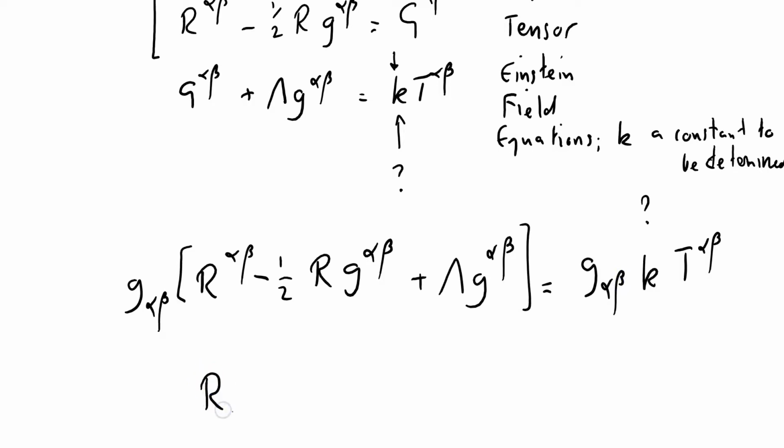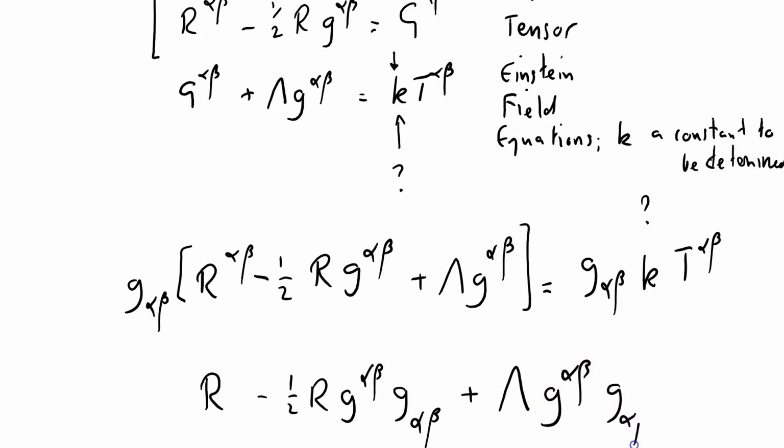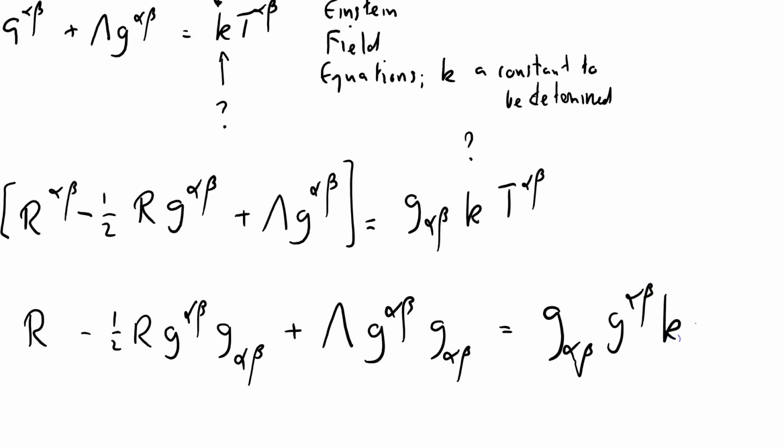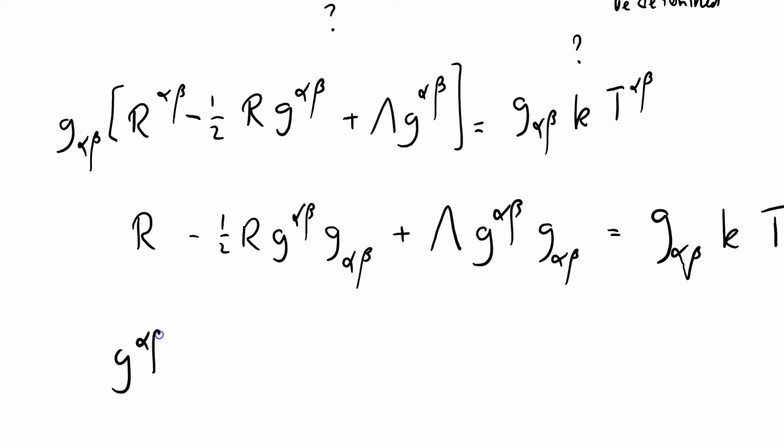And of course I'll just get R minus a half R g alpha beta plus cosmological constant g alpha beta equals g alpha beta k times T. Sorry, that's a T, isn't it? K T alpha beta.